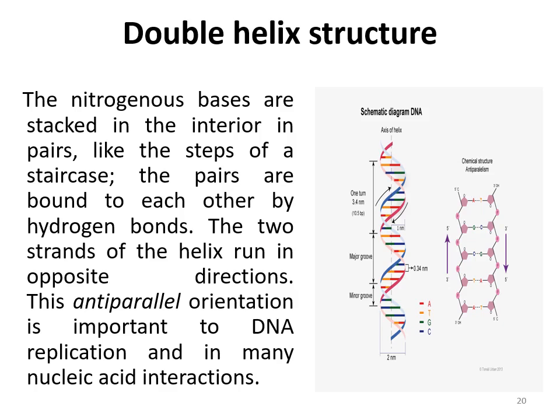This base pairing, this hydrogen bonding, is like a staircase, and the two strands of the helix run in opposite directions. This antiparallel orientation is important to DNA replication and in many nucleic acid interactions. So it is very important because the double helix shape allows for DNA replication and protein synthesis to occur.